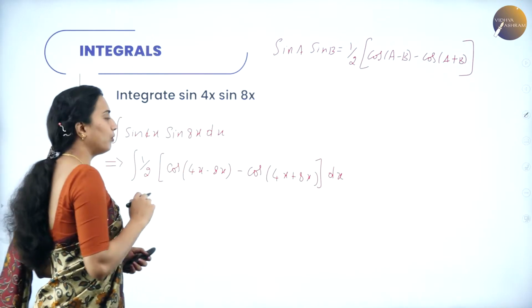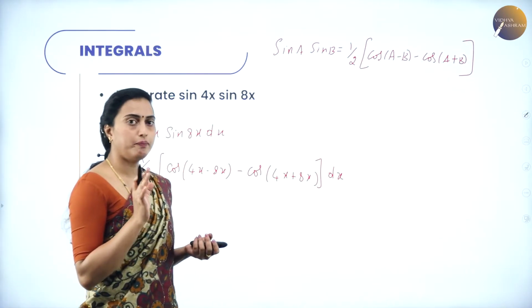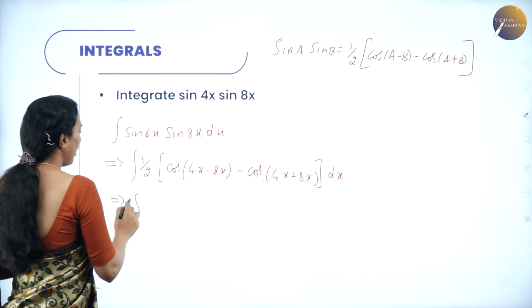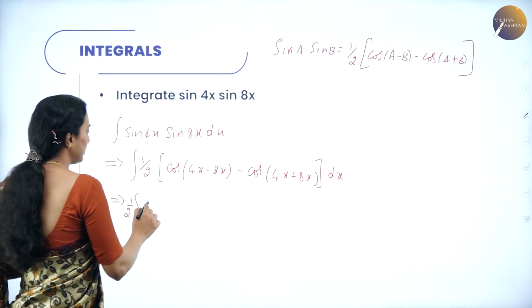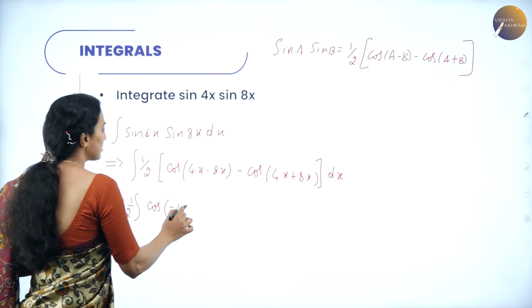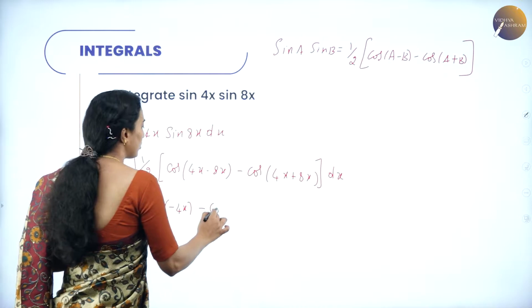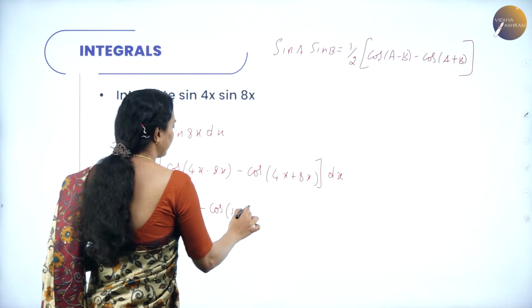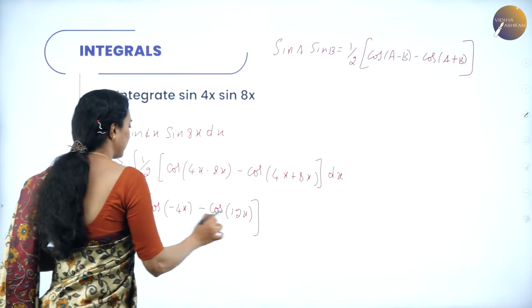Now dear students, you know cos of minus theta is plus cos theta. Accordingly, first simplify this. Half can be taken to outside, it is a constant. Cos of 4x minus 8x is minus 4x, minus cos of 4x plus 8x is nothing but 12x into dx.